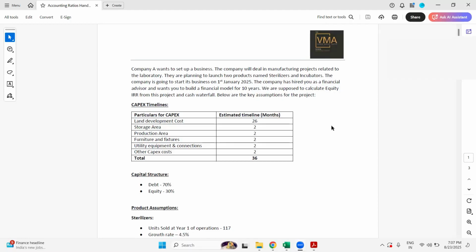It is necessary to learn financial modeling because whenever you are appearing for interviews in big companies like the Big Fours, or other companies like Equity Knowledge Partners or SG Analytics, most of the companies will give you a case study and ask you to make a financial model out of it, right?